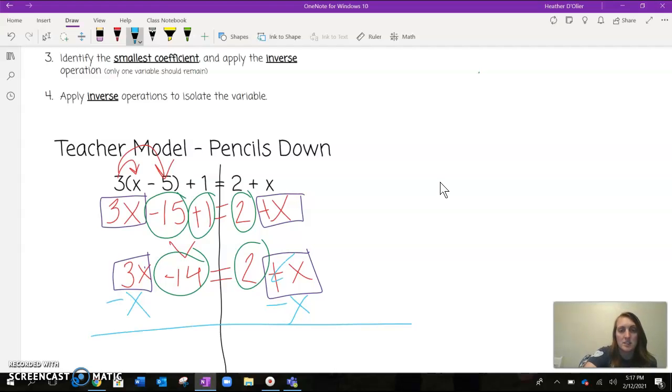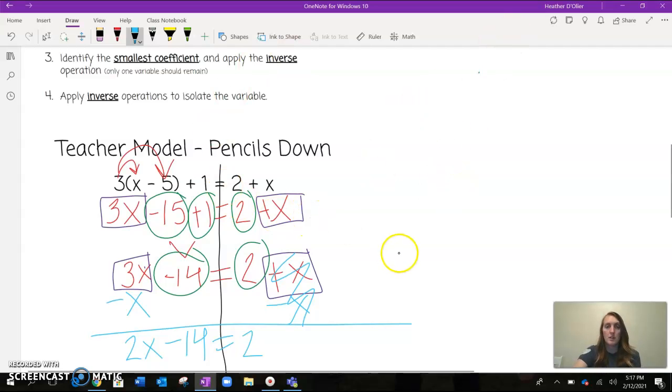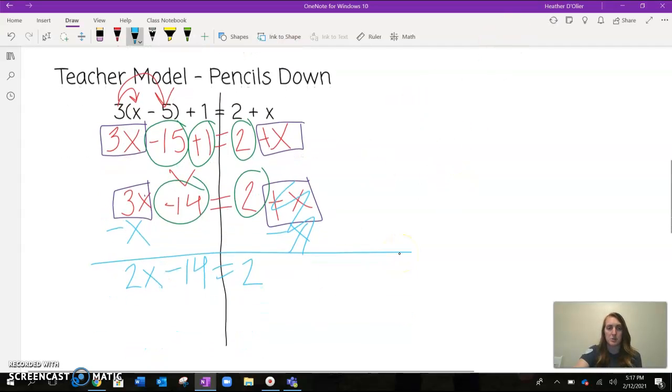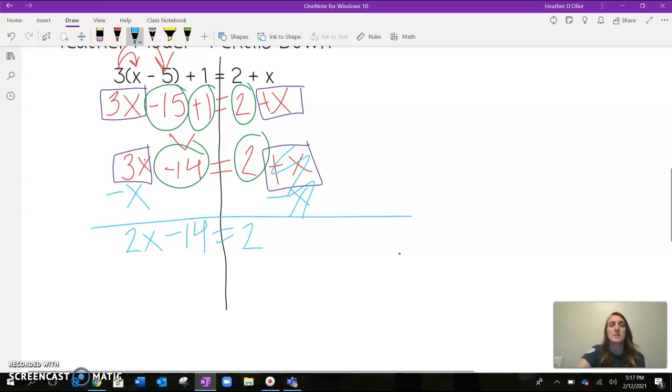So over here, that made 0, that's gone. 3x subtract x, oh, that's 2x. Nothing happened to the negative 14. Nothing happened to the 2. Okay, now this is a regular 2-step equation. We've practiced these. We can do this.